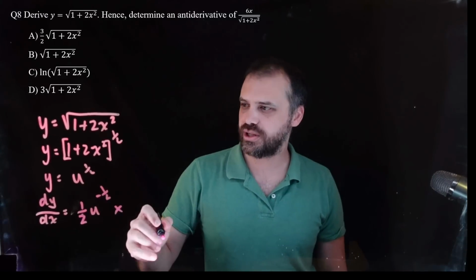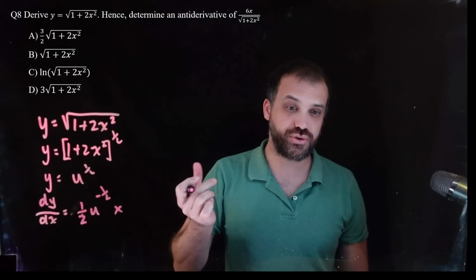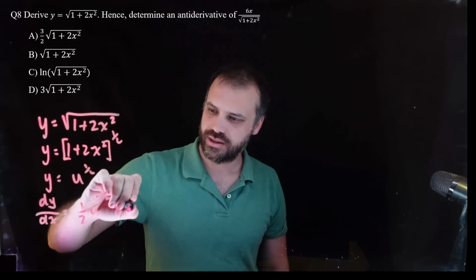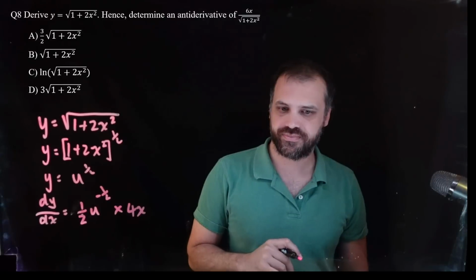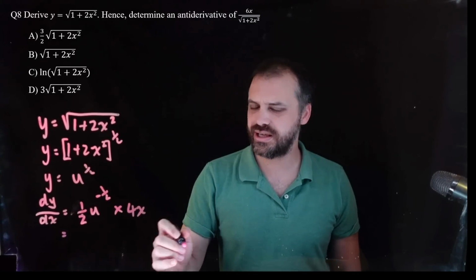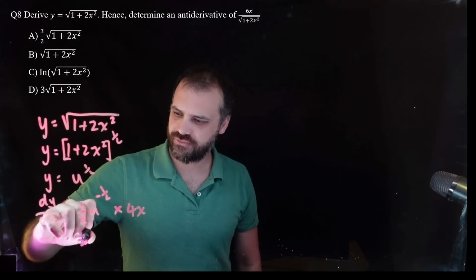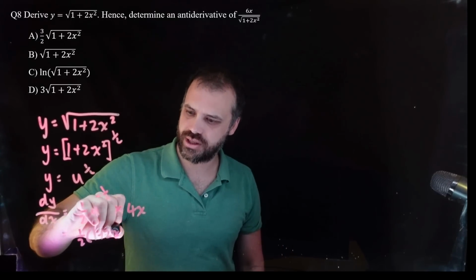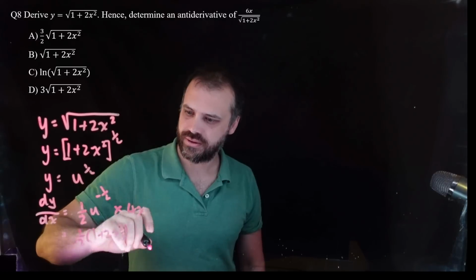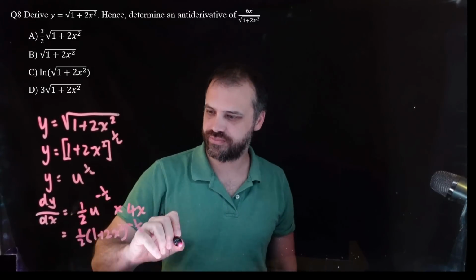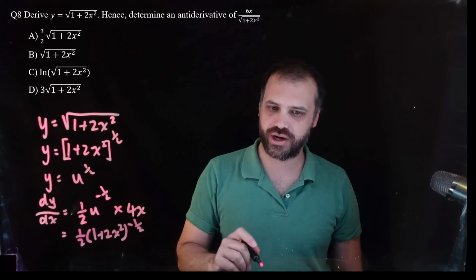But we need to multiply that by whatever the derivative of u was. So the derivative of 1 plus 2x squared is 4x. All right, u isn't u. u is 1 plus 2x squared. So 1/2 times 1 plus 2x squared to the power of negative 1/2 times 4x.